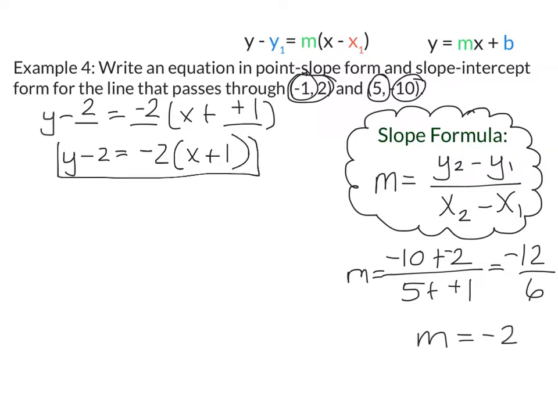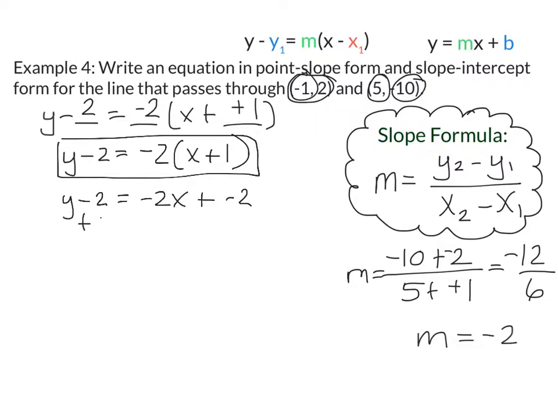So that's point slope form, and then I can write it in slope intercept form by solving for y and putting everything in the y equals mx plus b format. So y minus 2 equals, then I'm going to distribute out the -2 to the x, which is -2x, and -2 times +1, which is plus a -2.